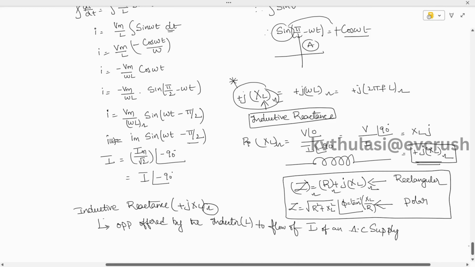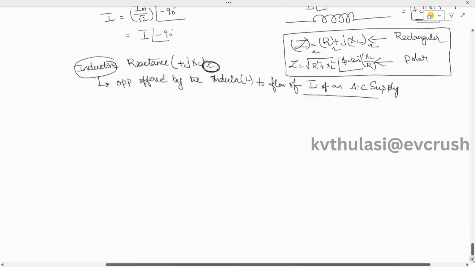This is like a resistance, and this resistance is due to the property of inductance. That's why it is called the opposition offered by the inductor. Now let's draw the phasor diagrams.